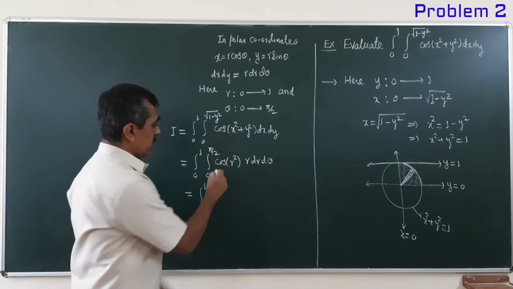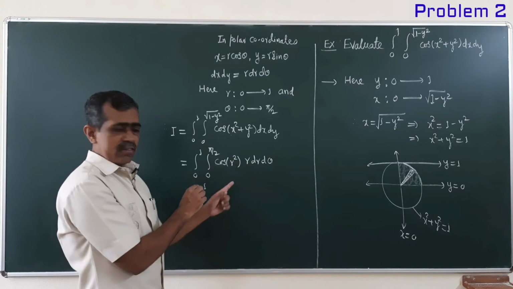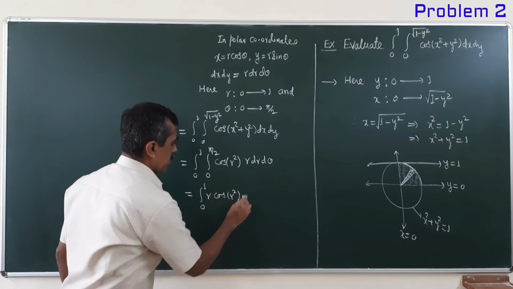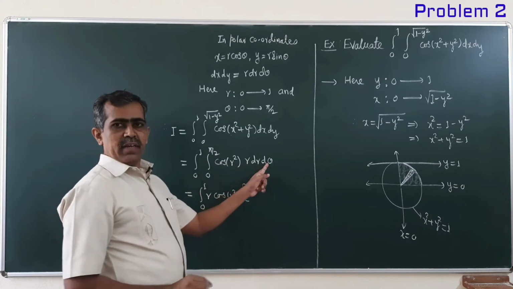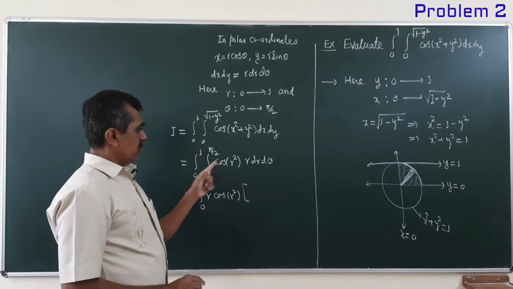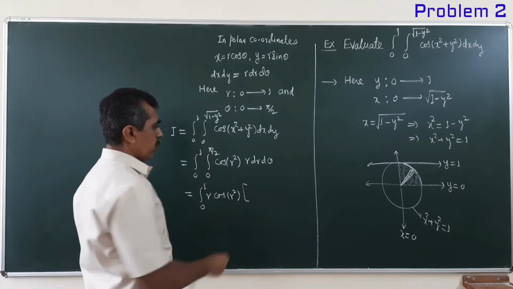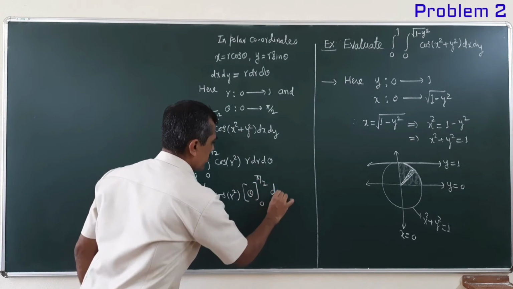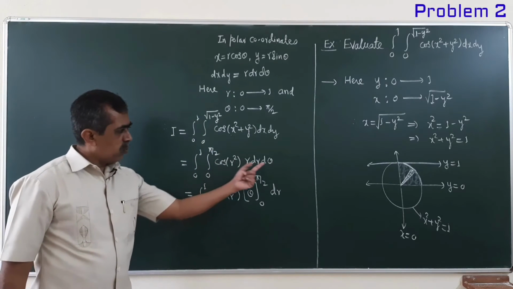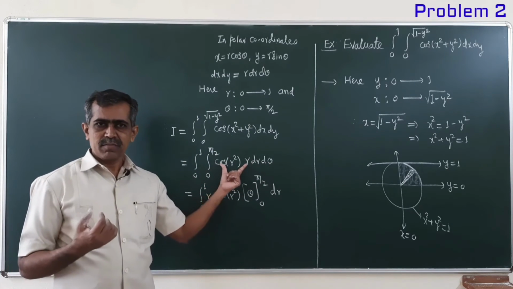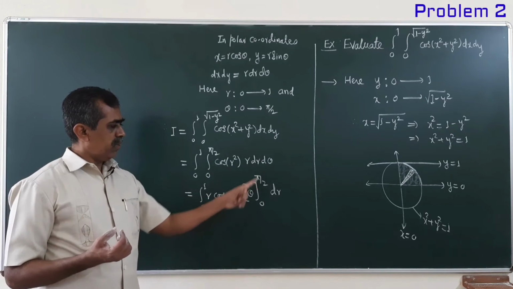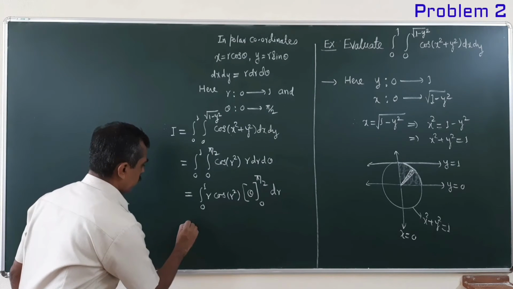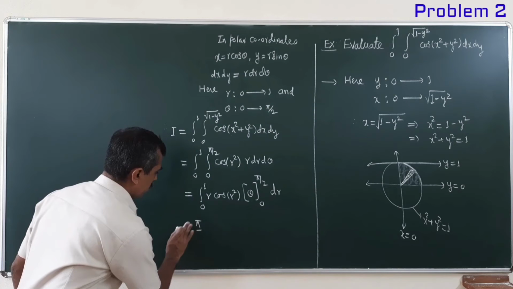With respect to theta, r and cos of r square are constant, so we take them outside: r cos of r square into the integral of d theta over 0 to pi by 2, dr. The integral of d theta is theta, over 0 to pi by 2, which is simply pi by 2.